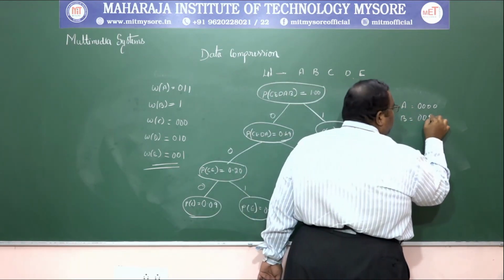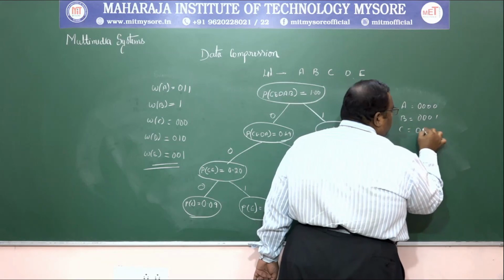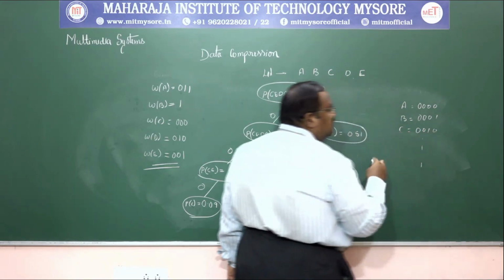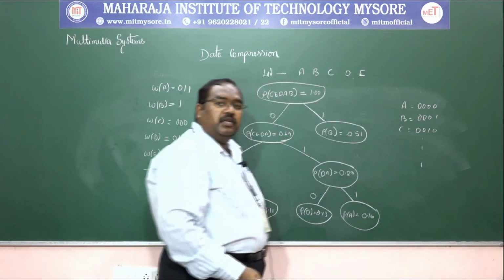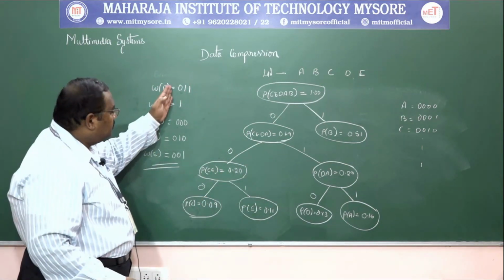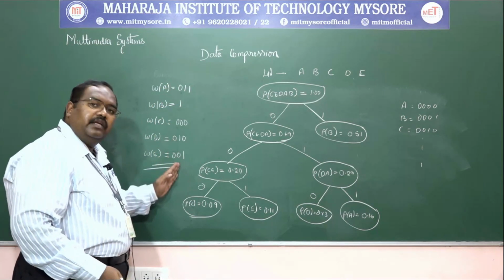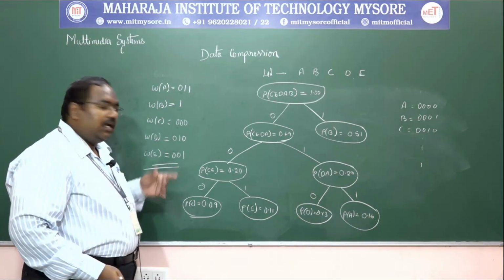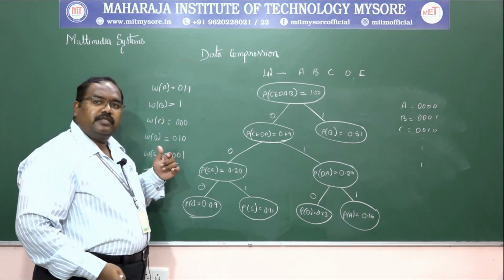If B is followed by 0, 0, 1 and C by 0, 0, 1, 0 and so on, that is a 4-bit representation. Now all the characters are represented with only a 3-bit representation, and here a single bit representation is achieved.